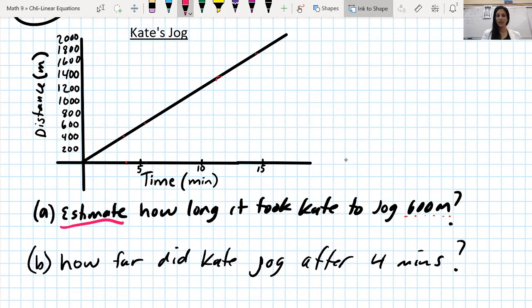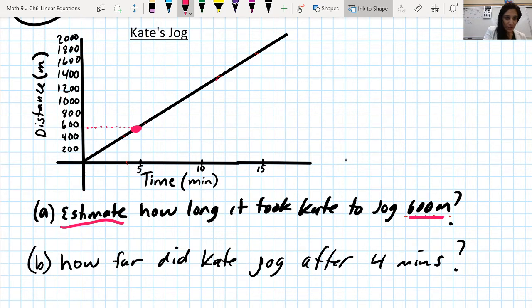Estimate how long it took Kate to jog 600 meters. We're kind of doing the opposite here, because if we're looking at 600 meters, we want to start off on the y-axis, and from 600 meters, we want to find roughly where that would be. So it looks like it's about right there.